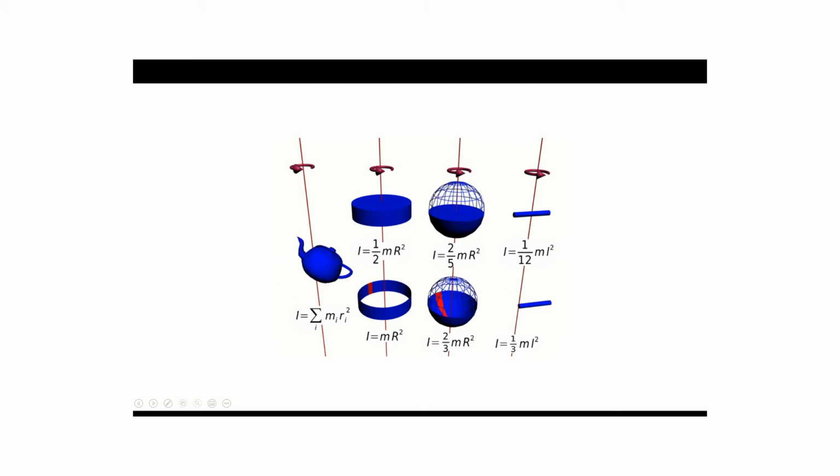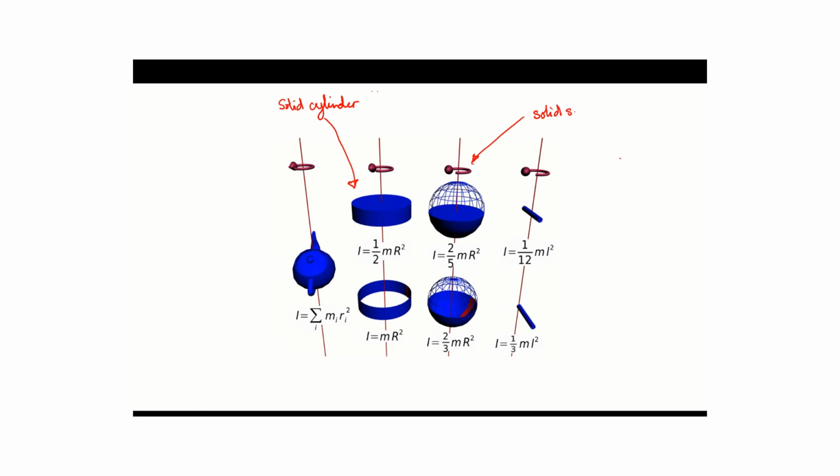What we have there is a solid cylinder, which is this one here. We have a solid sphere. We have a hollow sphere. And a hoop, a thin-walled hoop.